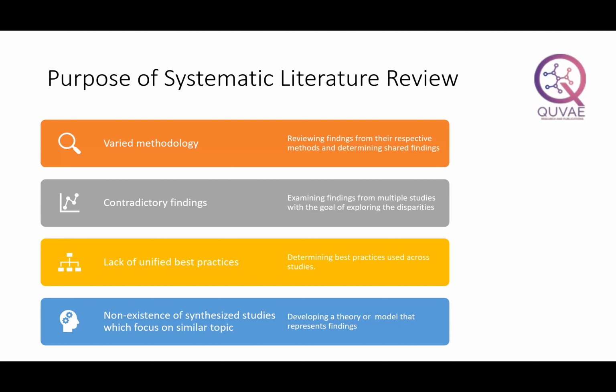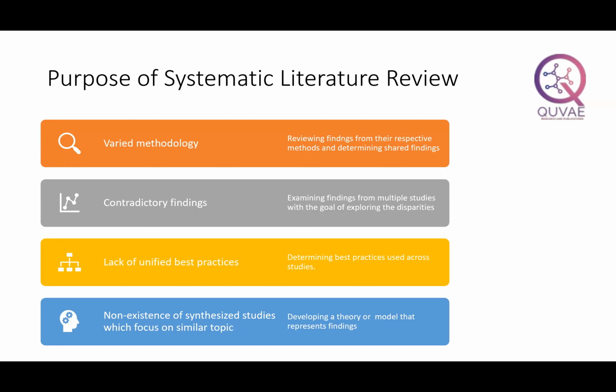In addition, a systematic review also helps us tackle the lack of unified best practices across the studies. Maybe each researcher has their own set of methods or practices, and this SLR becomes an instrument to determine the best practices across the studies.